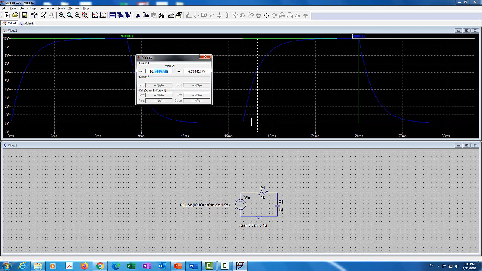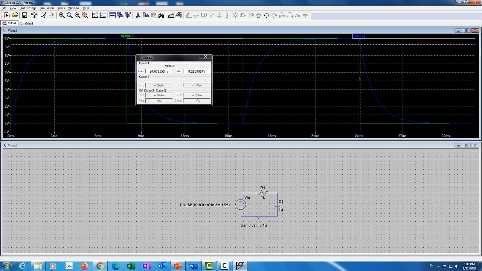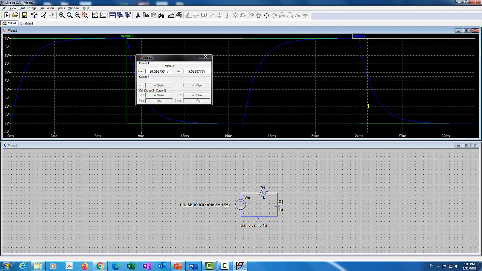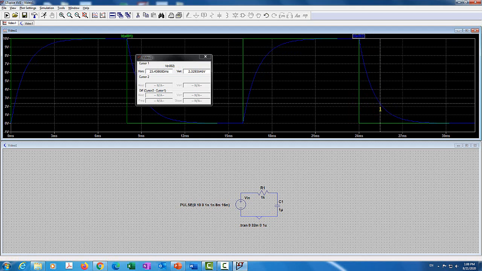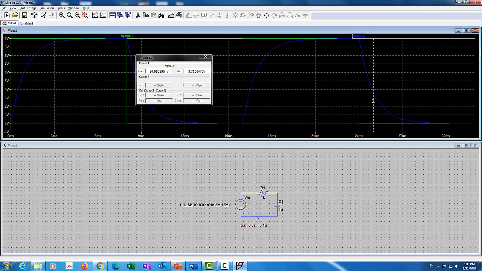The same thing happens when it falls. If it's going to fall from 10, it's going to drop to 37%. So 63% dropping is when it goes from 10 to 3.7 volts. Let's see how long it will take, right? This is dropping 63%, so it's going to be until we hit 3.7, more or less here, right?